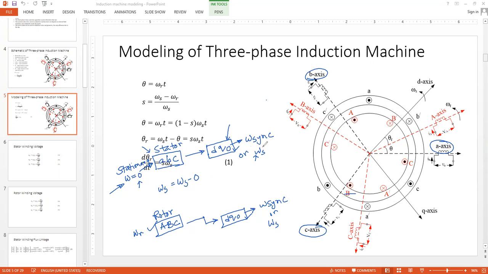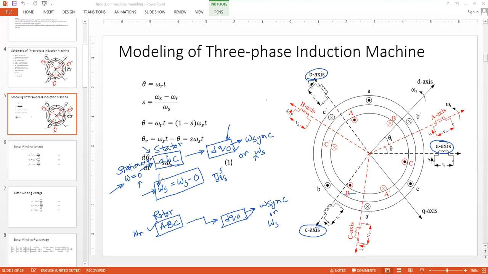So this is the relative speed between this dq0 frame and this stator or stationary frame. And you will see that in the T dq0s transformation, everywhere you will come up with this entry omega s.